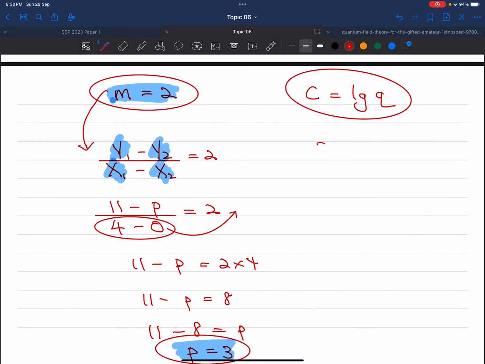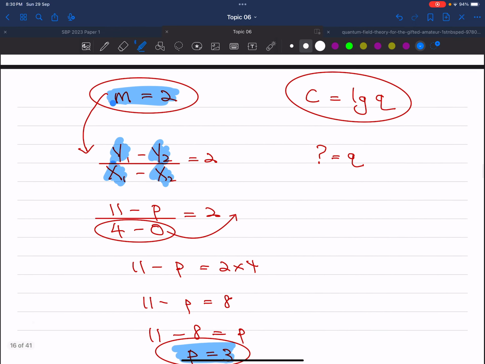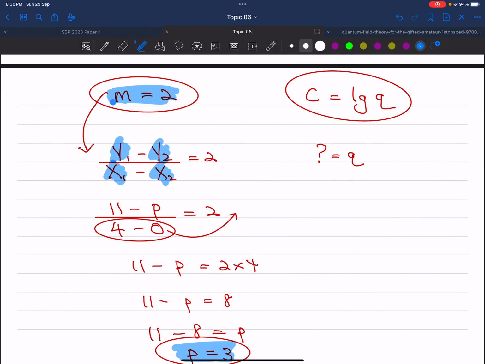They were asking for Q. If you look here, find the value of Q. I'm going to start as usual from what they asked.